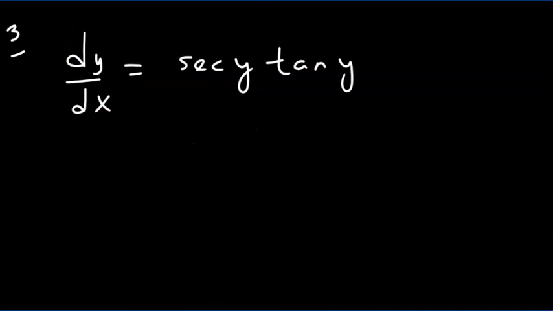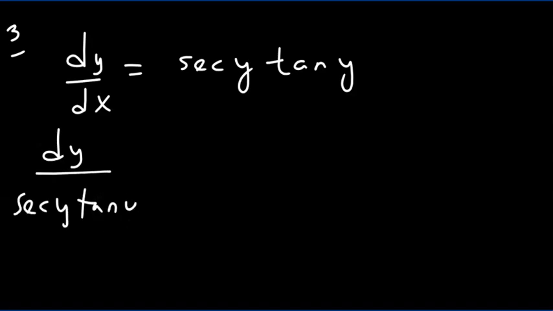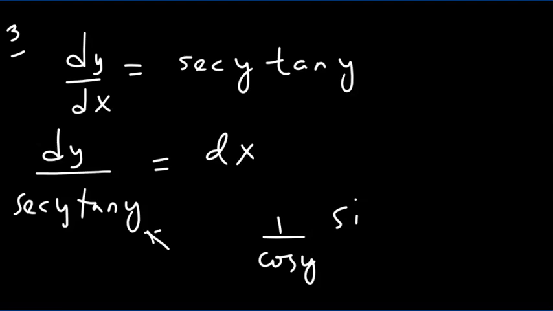Let's try to find the general solution to this first-order differential equation. Rewriting this equation in the following form, we have dy over secant y tangent y equals dx. The numerator on the left-hand side is just 1 over cosine y times sine y over cosine y.